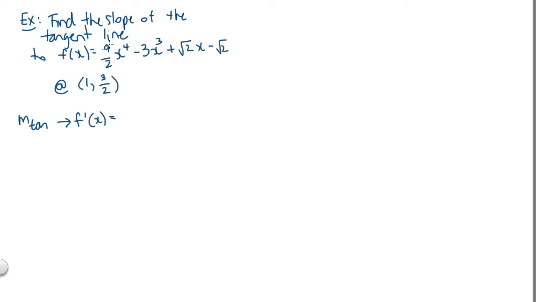So let's start with our first term. The derivative is going to look like 9/2 times the derivative of x to the 4th, which will be 4x cubed. And then we've got minus 3 times the derivative of x cubed, which is 3x squared.